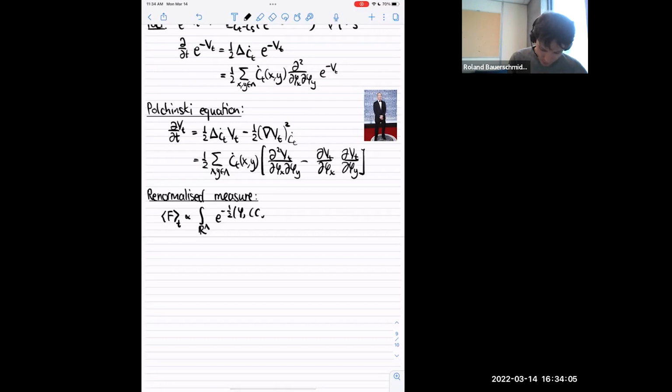So that would be, instead of C infinity inverse, we put C infinity minus Ct inverse here. And then we put Vt of phi instead of V0 of phi. So that one could call the renormalized measure, and whatever appears in the exponent you can give another name, Ht of phi. It's sometimes called the Wilson action.